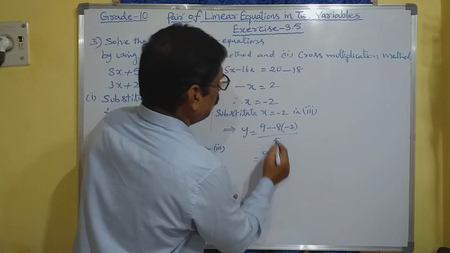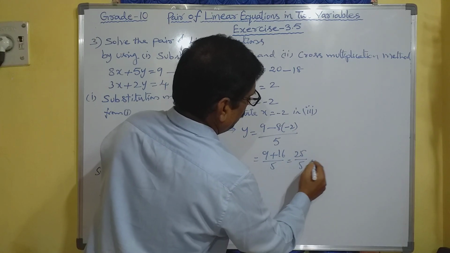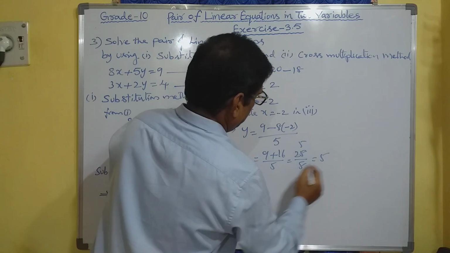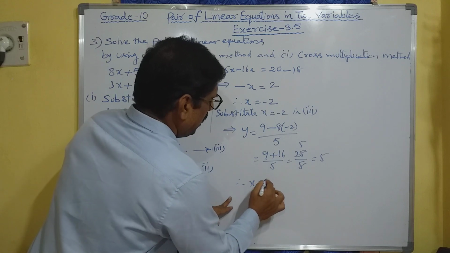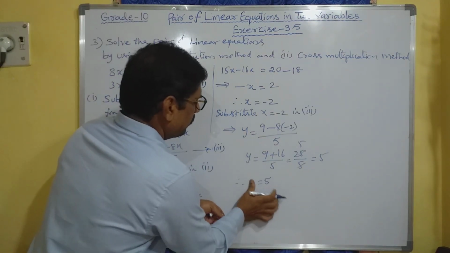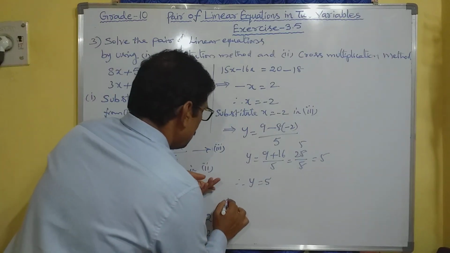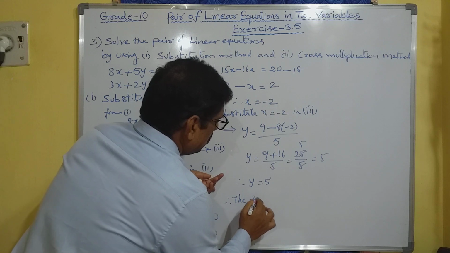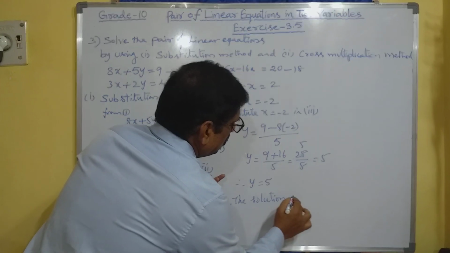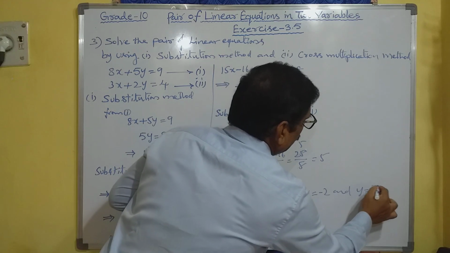So 9 plus 8 times 2, which is 16, by 5 is 25 by 5. 5 fives are 5. Sorry, y is equal to 5. Okay, therefore the solution is x is equal to minus 2 and y is equal to 5.